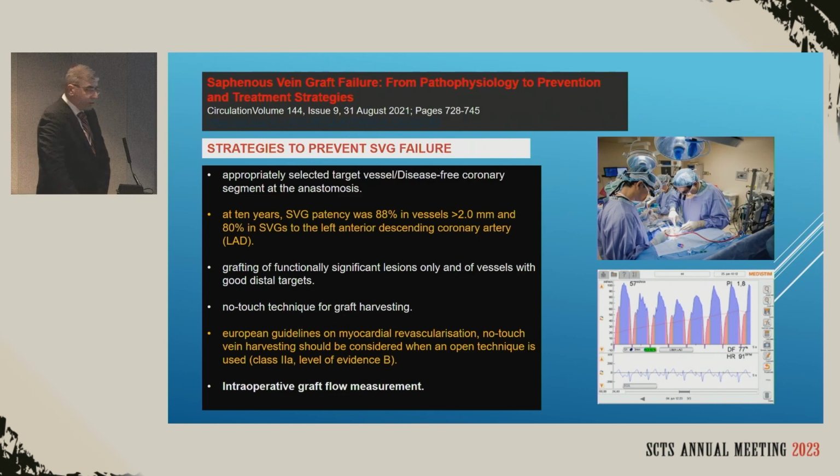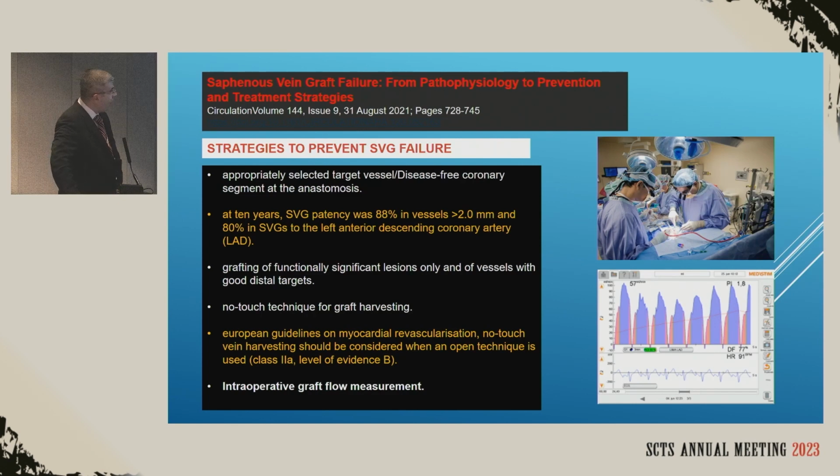But if we have to use the vein, we have to do our best to improve its patency. So obviously, we need to select a target for anastomosis free of disease. Again, the size of the vessel matters a lot. We've already discussed the importance of FFR and functionally significant lesions.